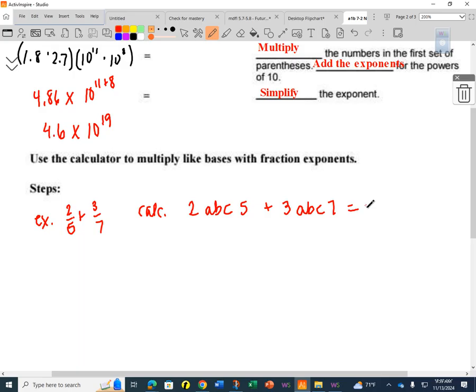And since we get to use a calculator, there's no reason to let it freak you out. If you add those together on your calculator, it's 29/35. You don't have to do any rewriting with common denominators and converting to equivalent fractions. All you do is plug it in on your calculator. Any questions on that part?